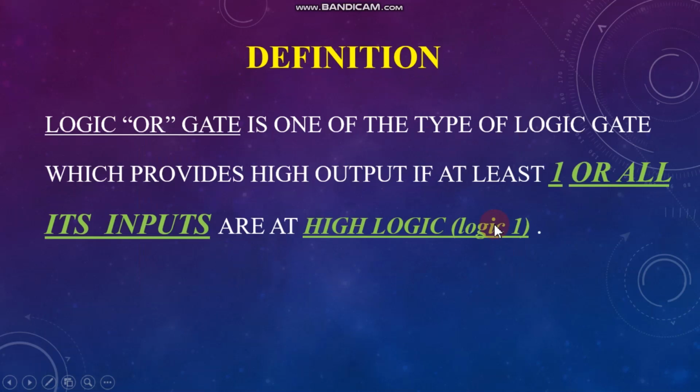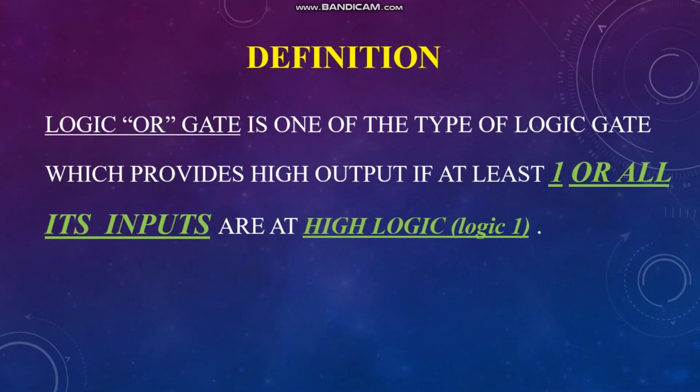Okay, now here on the screen you can see the definition of the OR logic gate. You can pause this video and jot down the definition. What this definition says is how an OR logic gate works.